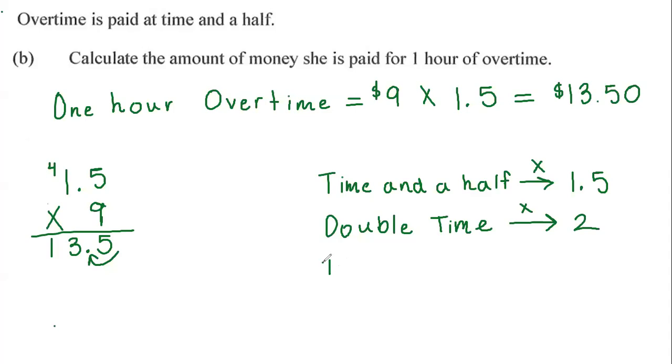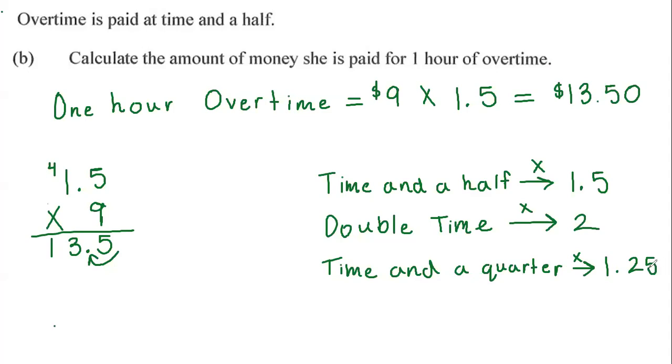If they say time and a quarter, we multiply by what? 1.25.